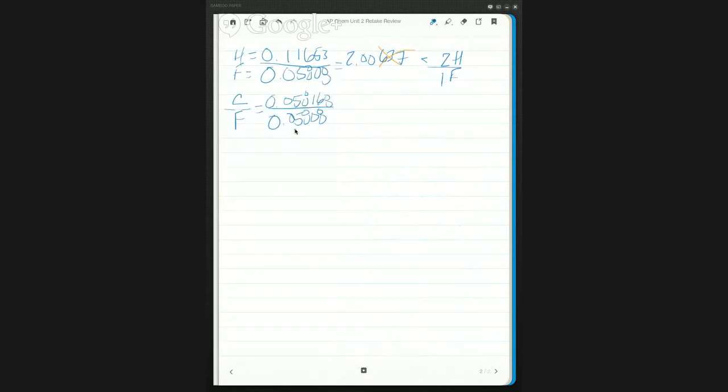So 0.058168 divided by 0.05808 basically comes out to 1.001515, blah, blah, blah. You know how I feel about that stuff. So 1 carbon to 1 fluorine.